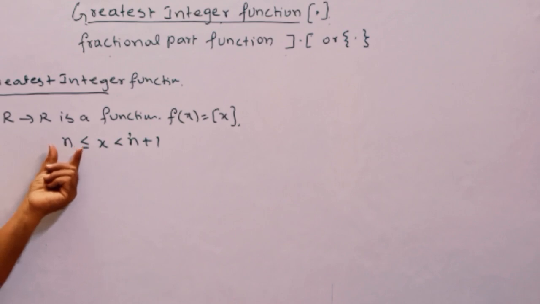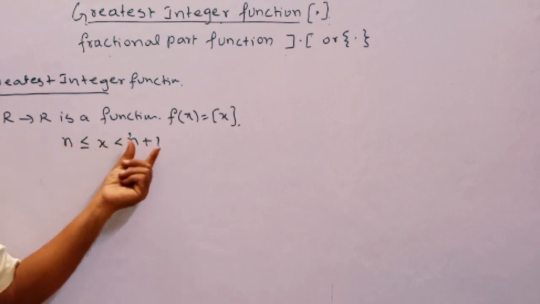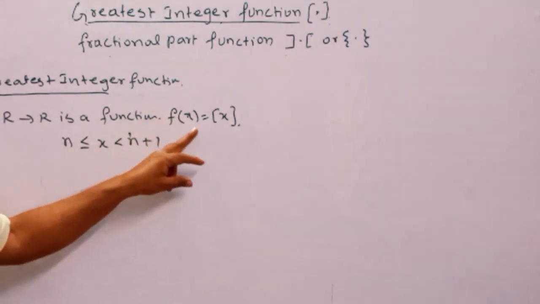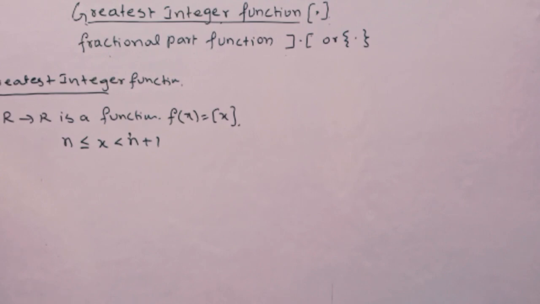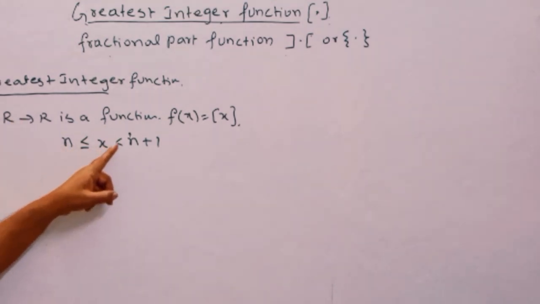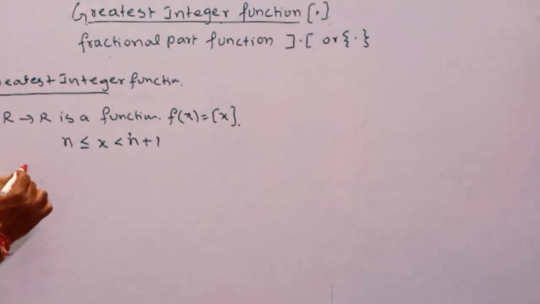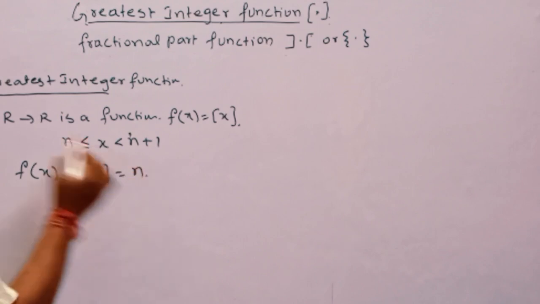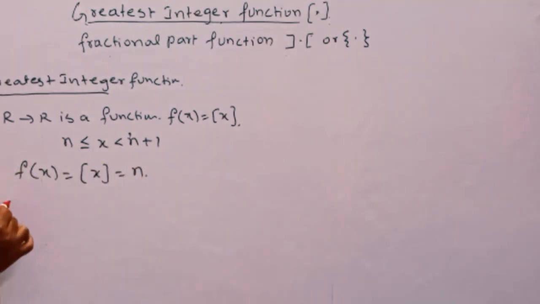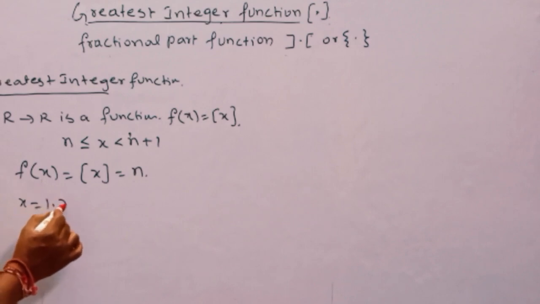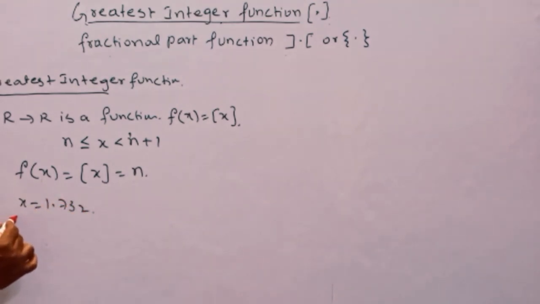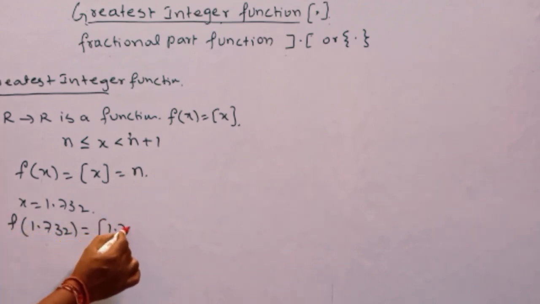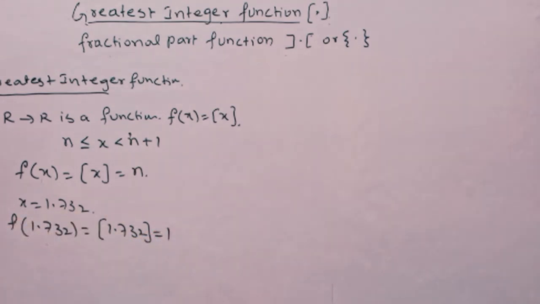If x lies in the range n ≤ x < n+1, then f(x) = [x] = n. So suppose x is equal to 1.732. Then f(1.732) = [1.732] = 1.